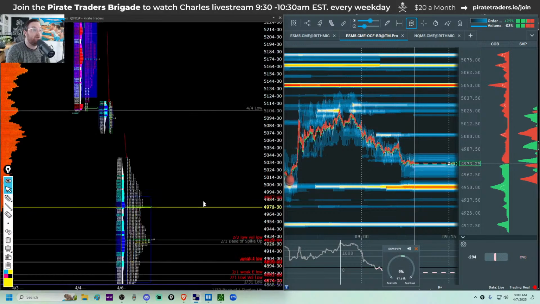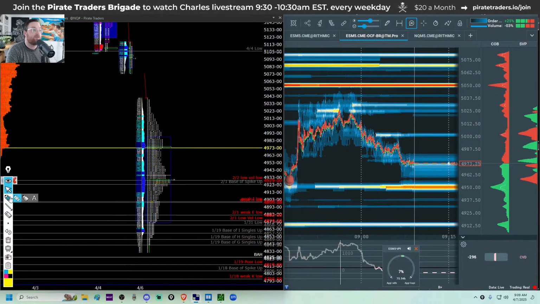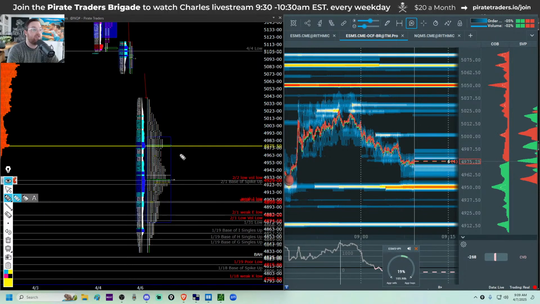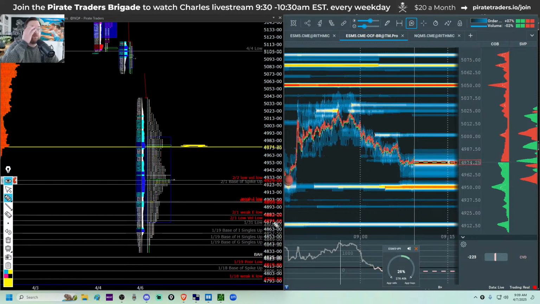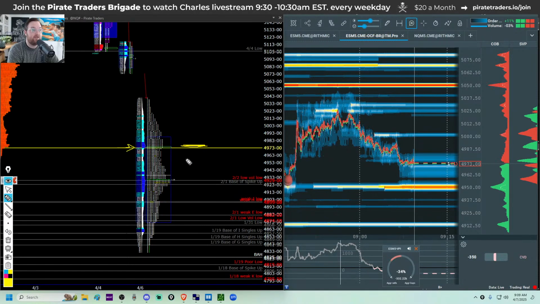So anytime you have a gap, the first order of business for the market is always to try to fill that gap. Essentially, just think about, let's say we were to open right where we are right now, 49.75, right? For the market to get from 49.79 all the way down to 48.33, there had to be a lot of people shorting.